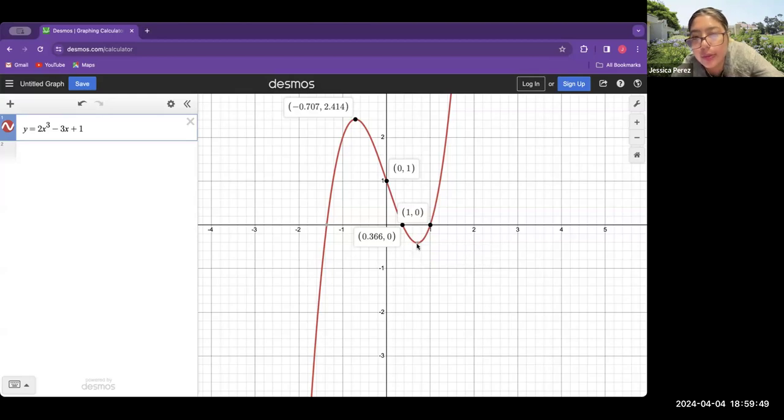And this one's also a minimum right here, 0.70, comma, I think this is a negative radical 2. So here are our local minimums and our maximums. This is a local max and this is also a local max. Any questions on this one?